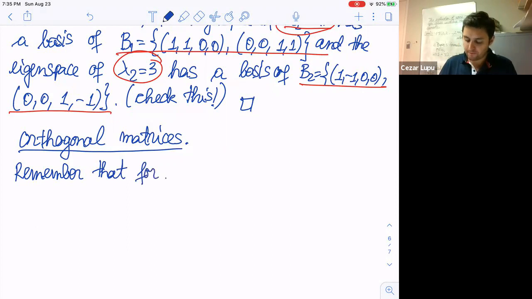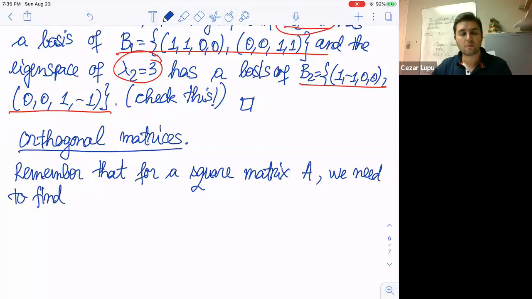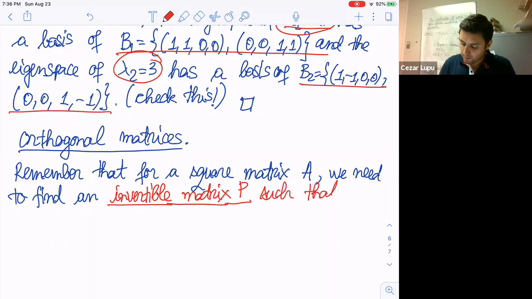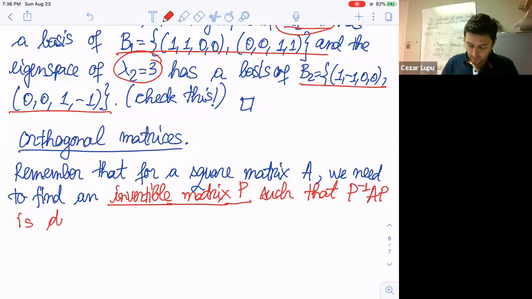For a square matrix A, we need to find an invertible matrix P such that this guy here, P inverse times AP, is diagonal, right?